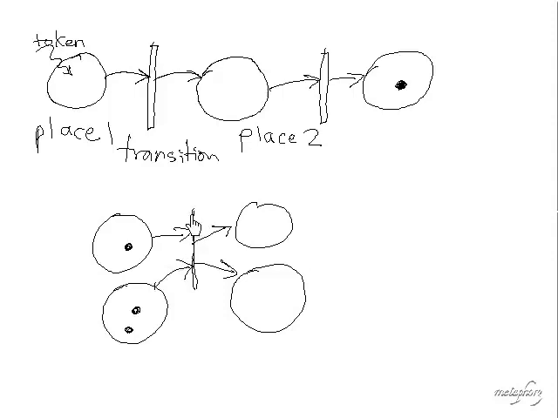And what happens when you do fire is that one token is removed from every input place and one token is produced in every output place. So I'm going to go ahead and get rid of one token. In this particular example, it doesn't matter which one, and I'm going to go ahead and produce one token in every output place. So that's the hand simulation of that particular Petri net.